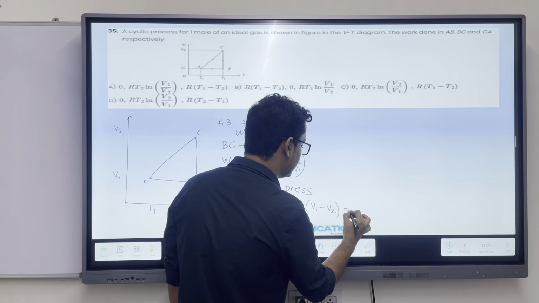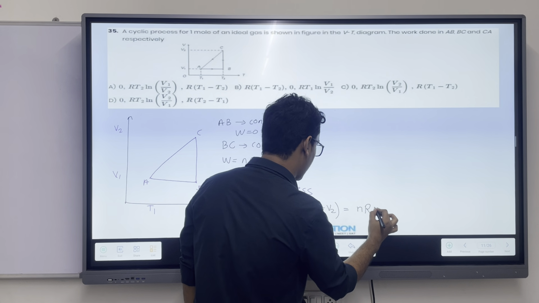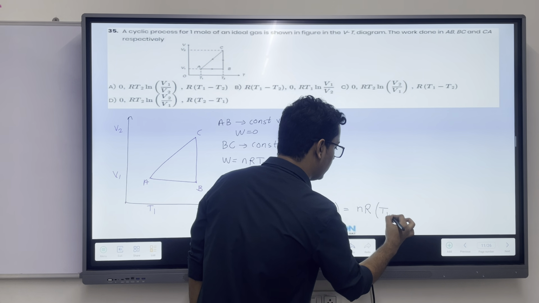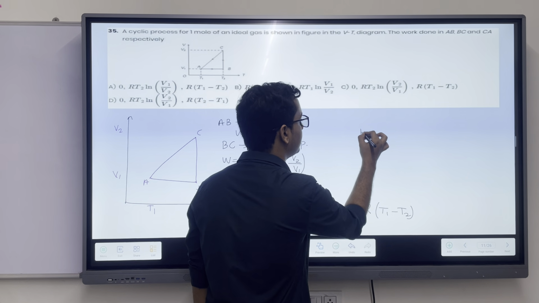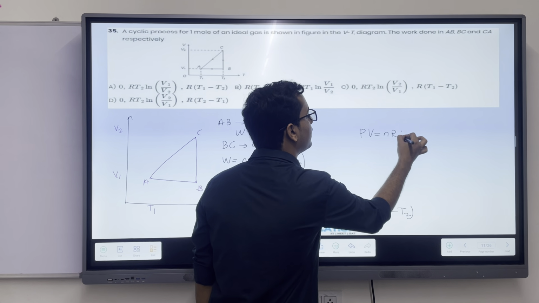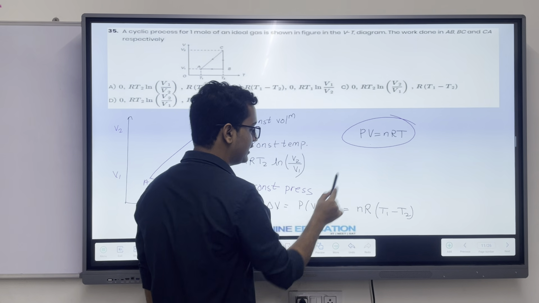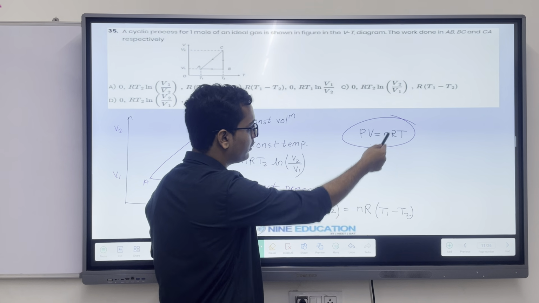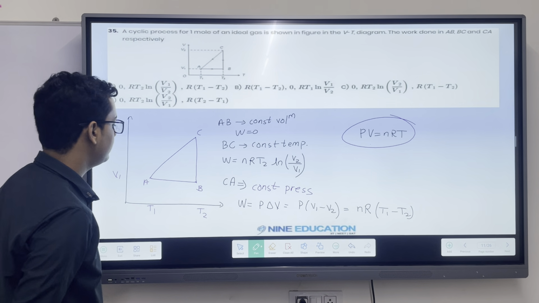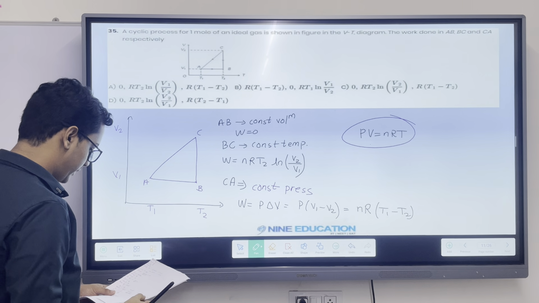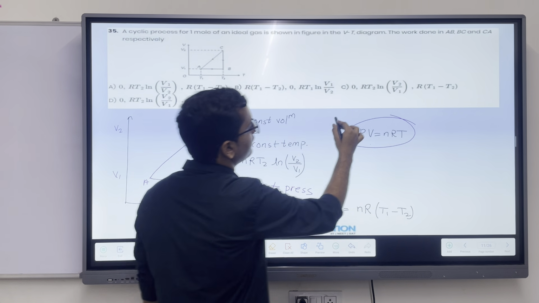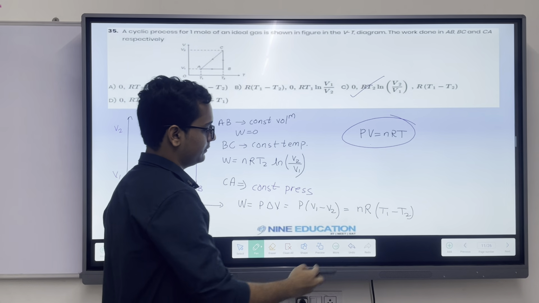That's why this is nothing but nR into T1 minus T2. I substituted the values accordingly. So based on this, the correct option is C. Right?